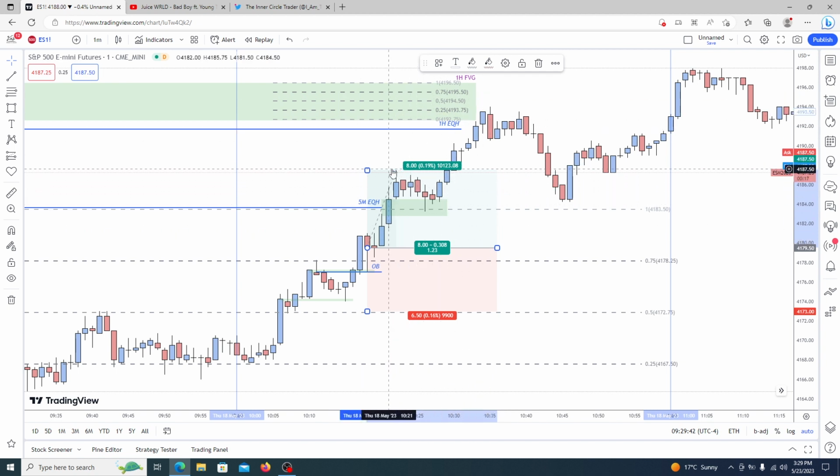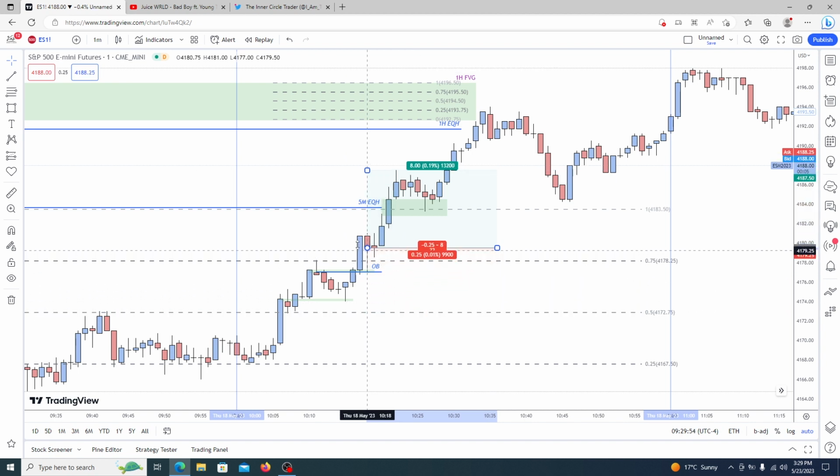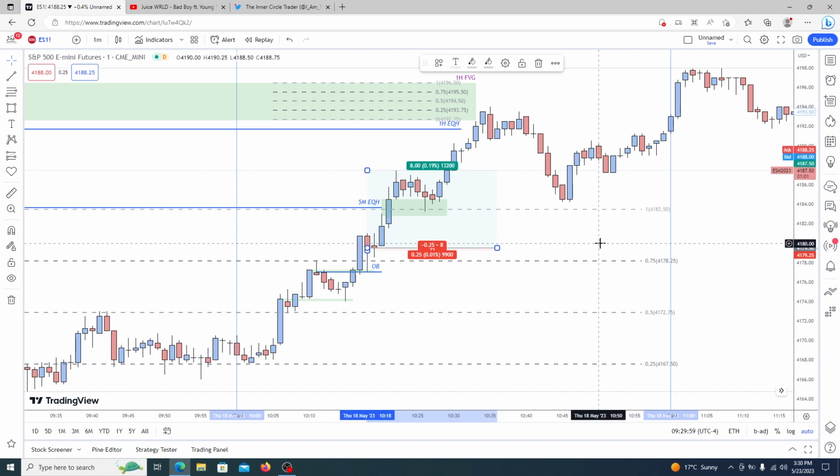Once it trades above this high over here, I would take a partial at 8 handles. Upon taking the partial, I would then break even my stop loss. Since 8 handles is more than enough for any beginner, and for most advanced traders, that would be a good day.